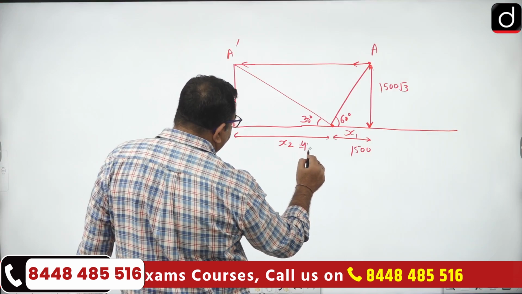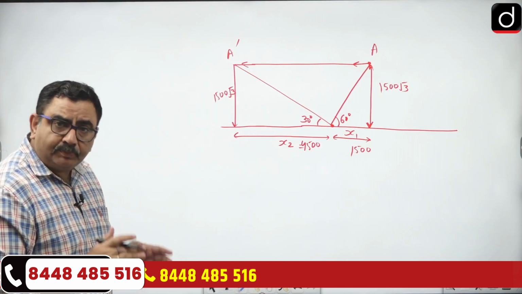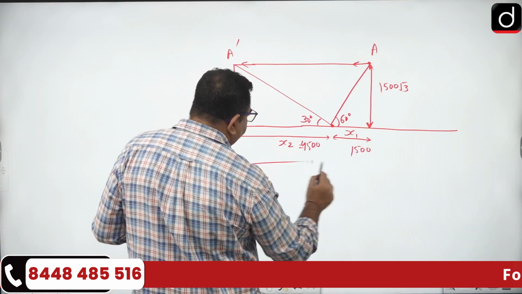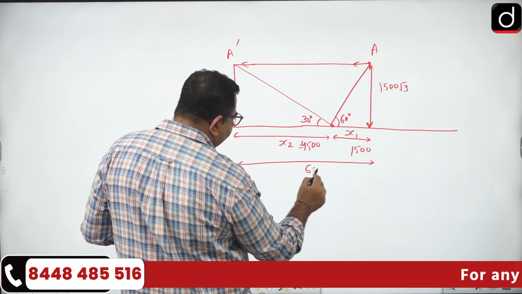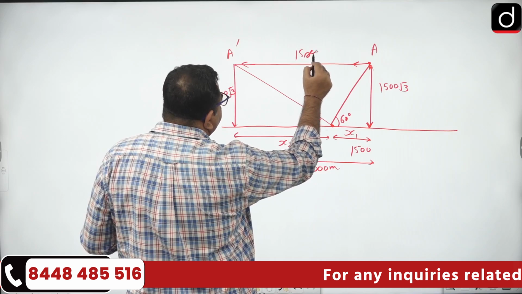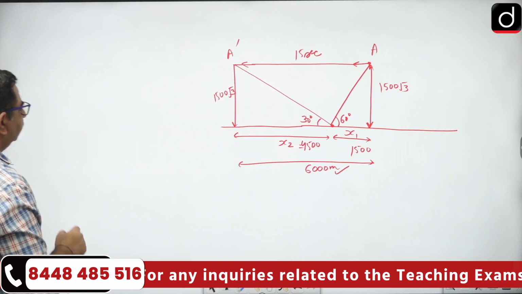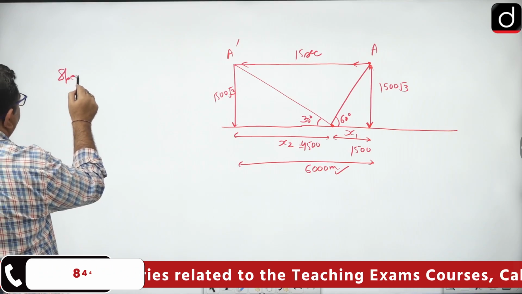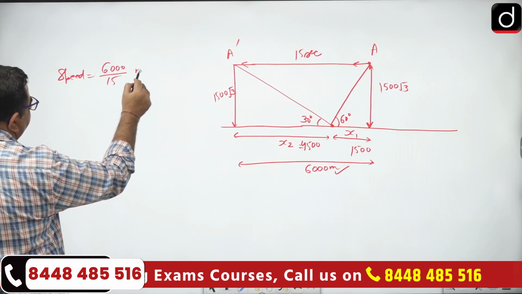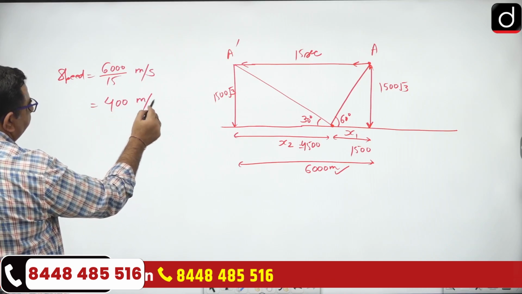So that is 4500. So this case is also possible, right? So this total distance will be what? 4500 plus 1500, that is 6000 meters in 15 seconds. So speed will be what? That is 6000 by 15 meter per second, so that is 400 meter per second.